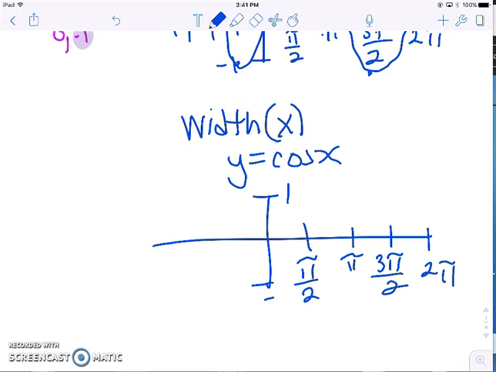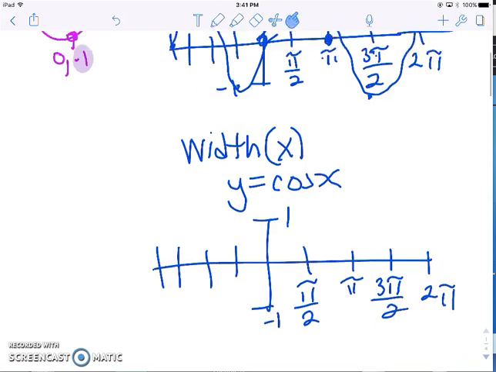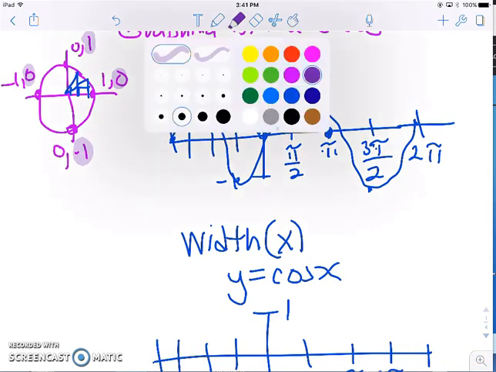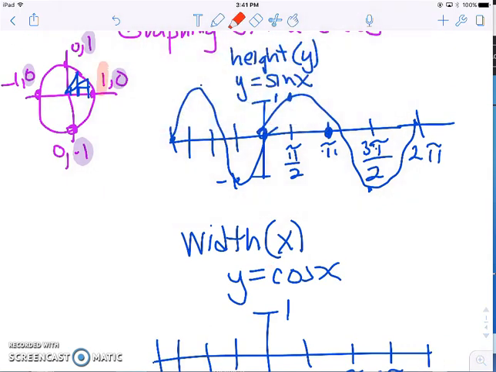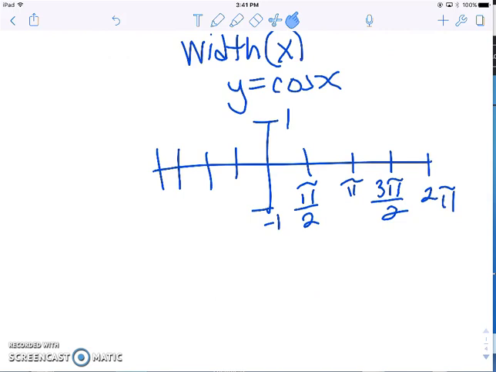But the width, if we go back up here and take a look, starts at 1, 0, negative 1, and 0. So at 0 degrees, our width is really at 1. It looks similar to the sine graph, except it has a different starting place because we're measuring that width.